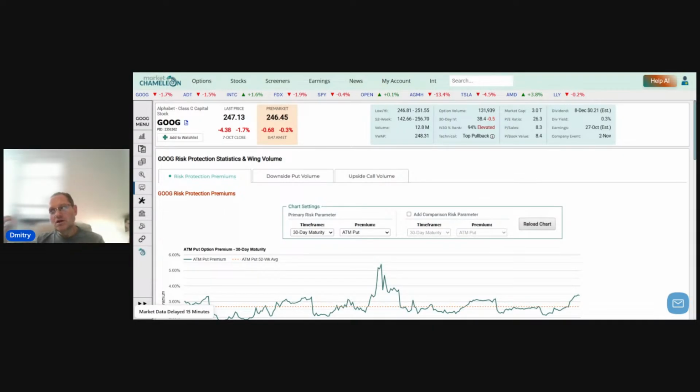We could look at the difference in the implied volatilities, let's say in a 30-day option compared to the implied volatility of a 60-day option. But that doesn't necessarily give us a complete insight into the cost of those options.